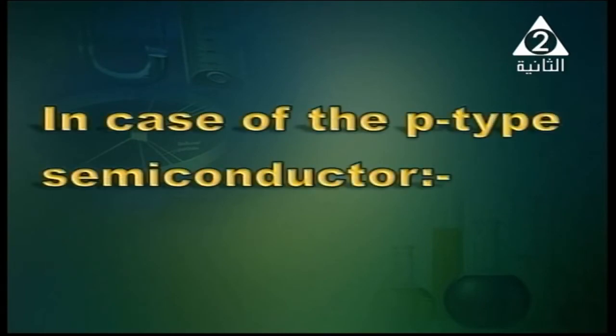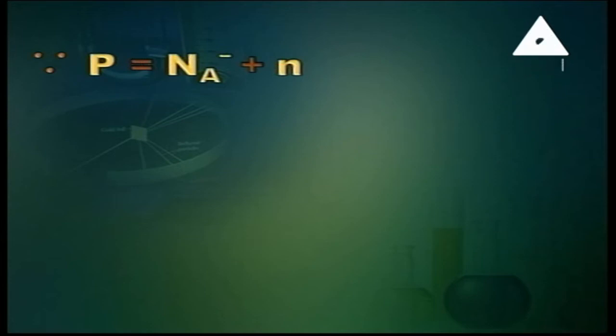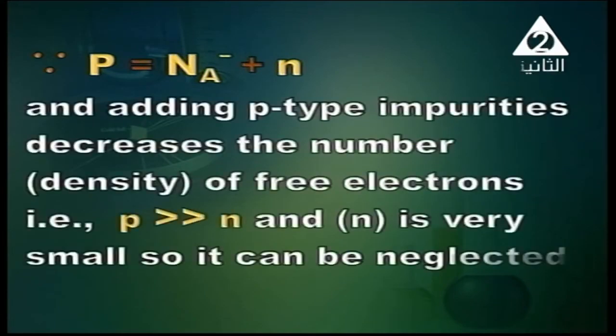And what about the p-type semiconductor? It is still neutral because the number of positive holes equals the number of negative acceptors plus the number of free electrons. Adding p-type impurities decreases the number of free electrons.